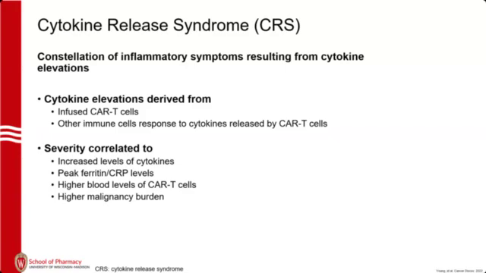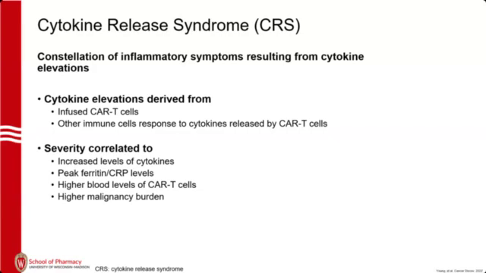With the CARs, the severity of cytokine release syndrome is correlated to the elevated levels of those cytokines within the patient. Peak ferritin and CRP are inflammatory markers. Higher blood levels of CAR products, so those CAR products that activate really well and replicate really well, can lead to or be correlated with higher CRS.